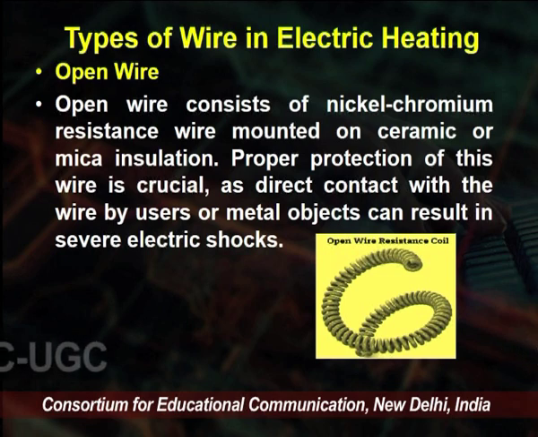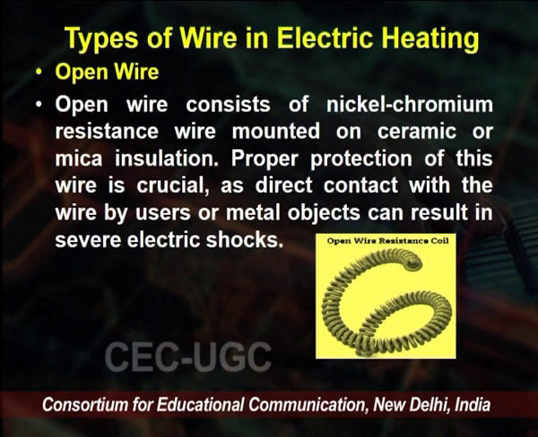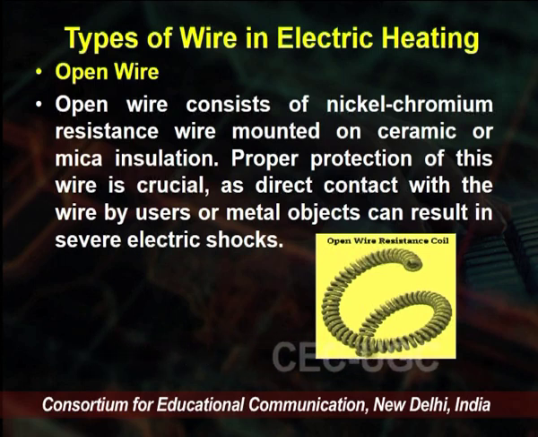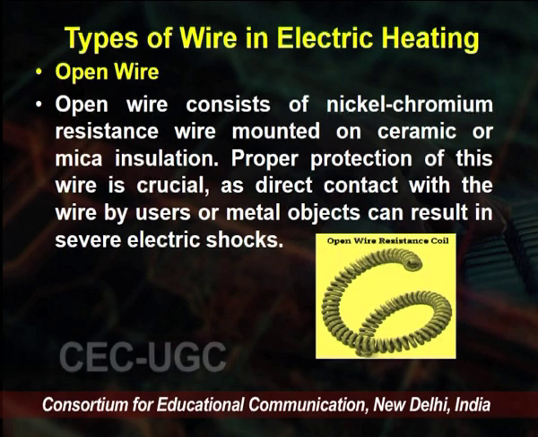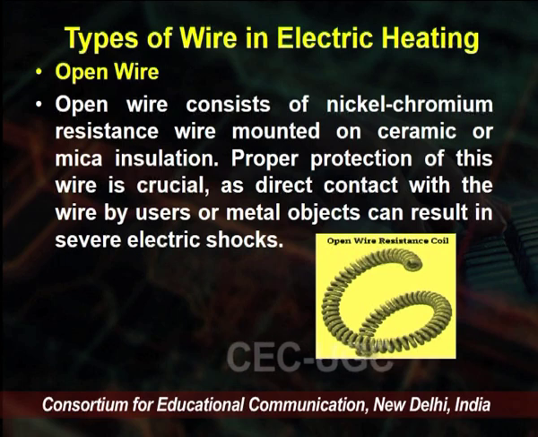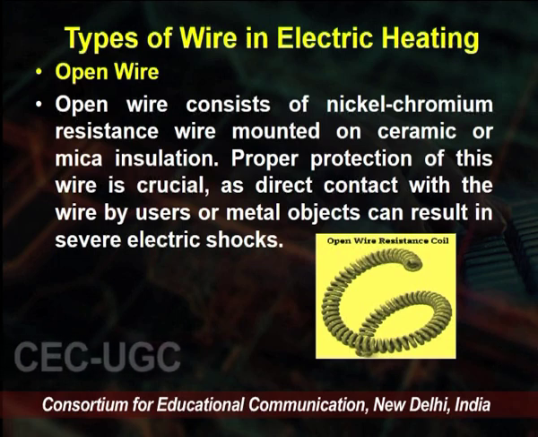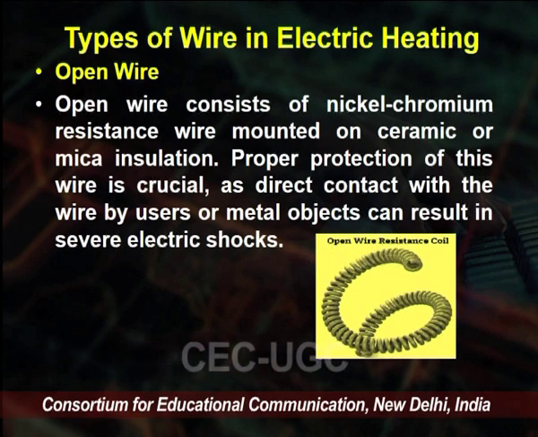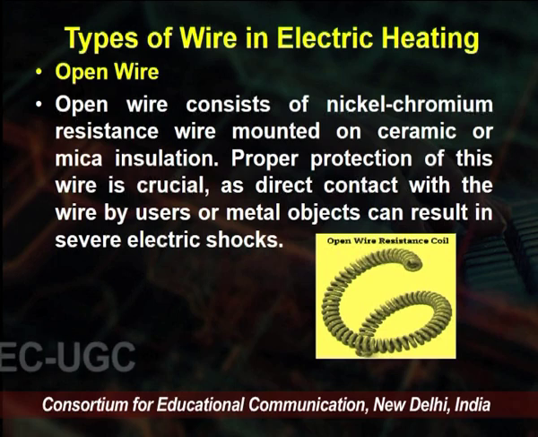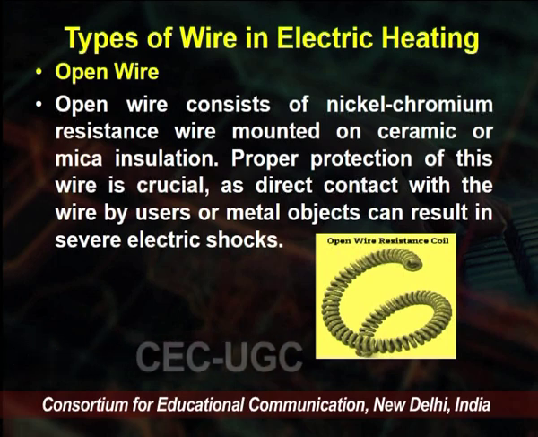As you have seen, mostly in ceramic type heaters, this wire is also attached. Proper protection of this wire is crucial, as direct contact with the wire by a user or metal objects can result in severe electrical shock. So, we have to be very careful whenever we use the open wire.